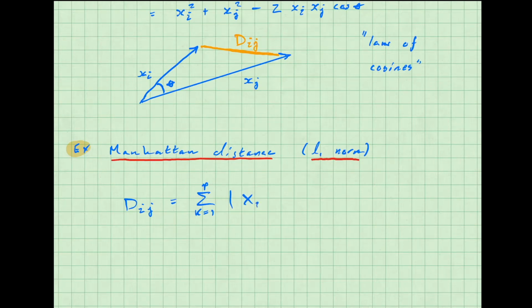So x_ik minus x_jk. Right? And so this is called the L1 norm, I guess, because if you want to think of an exponent there of that difference, it's 1.